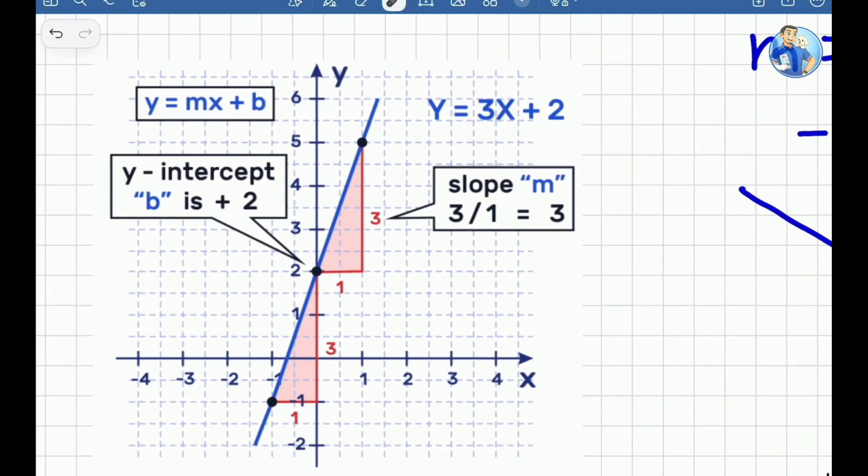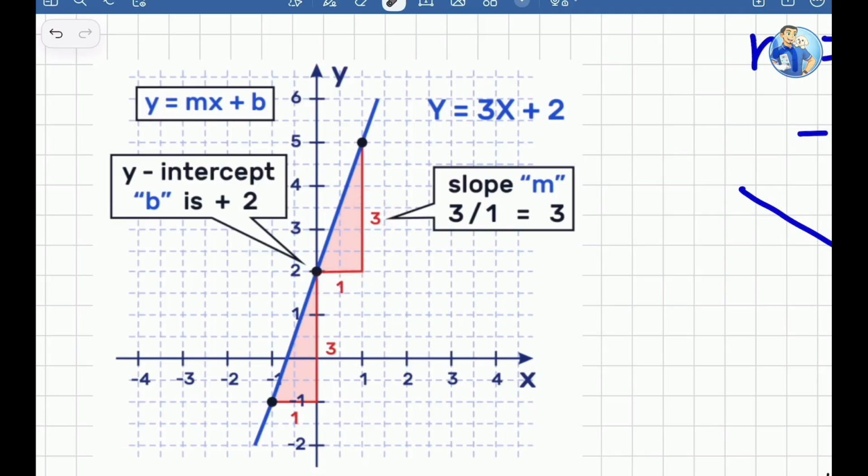It means that for every single unit in the x-axis, the rate of change is going to be 3. In other words, for every unit using the x-axis, the vertical axis is going to change by 3.